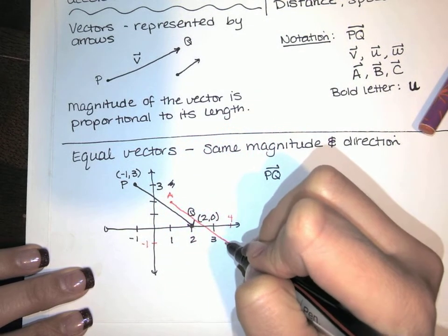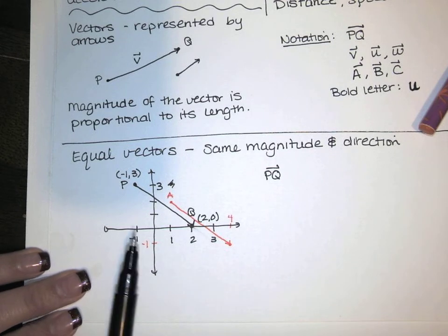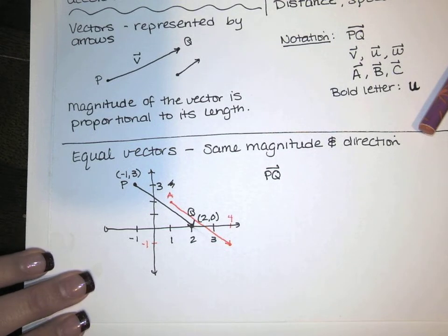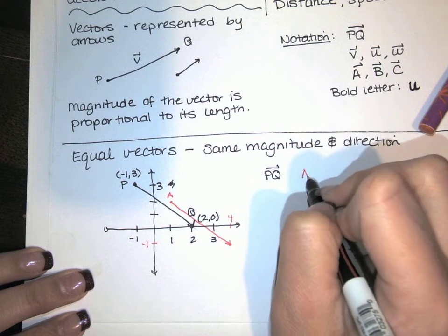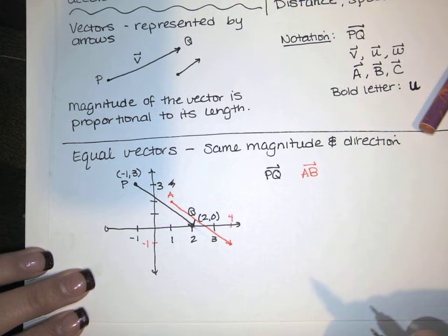Now this graph paper that I've just drawn, my white paper, it's not exactly perfect, so that's okay. Question is, are these two vectors equal? Is the vector AB equal to the vector PQ?